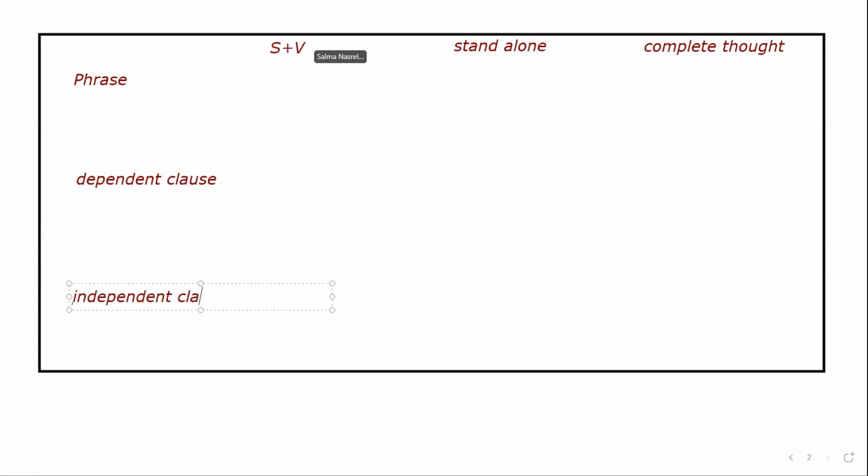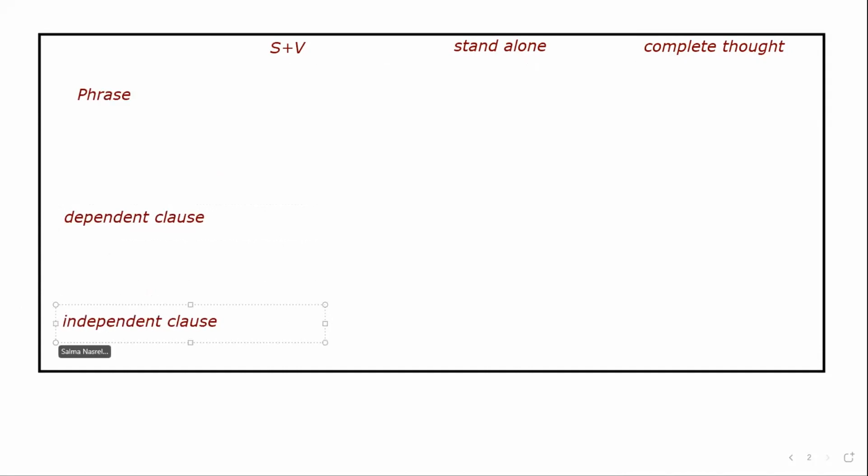We also have stand alone and complete thought. I don't want you to forget. And then we have dependent clause. And here at the very end, we have independent or main clause.